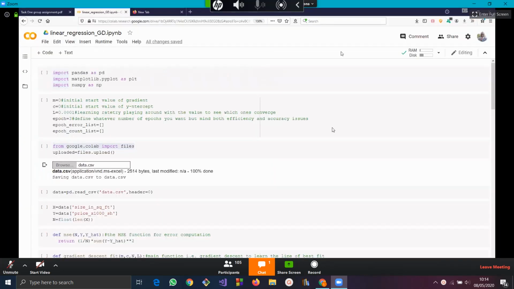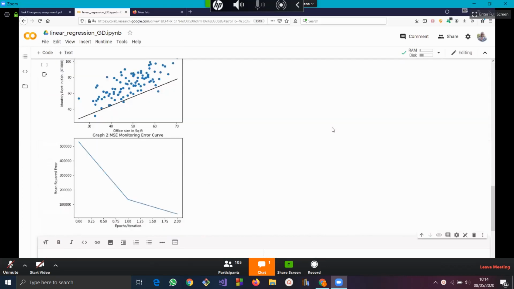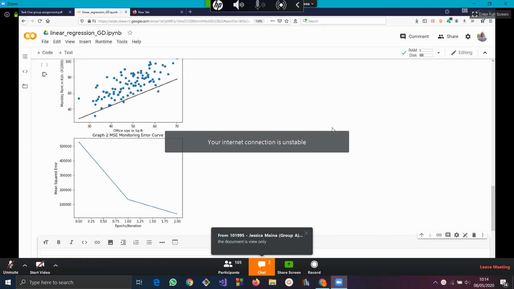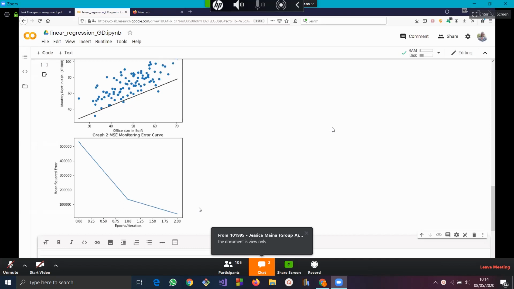Many of you already know. Apart from code, I can also do text. For example, I can explain this line using text. I can show my working here, or something like that. So you can do them inside the code, or you can upload a separate file explaining that part of code.